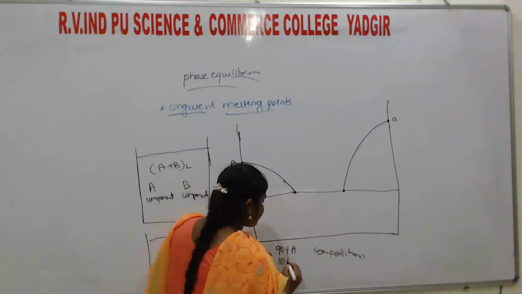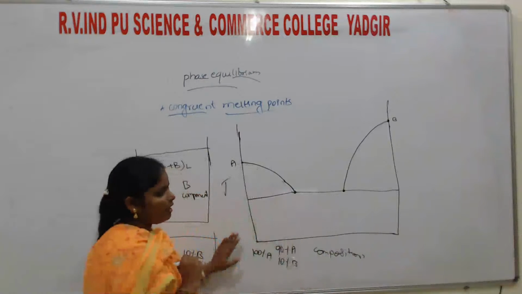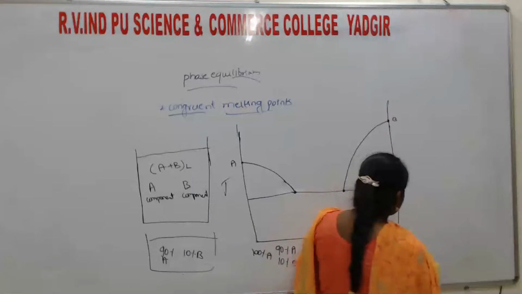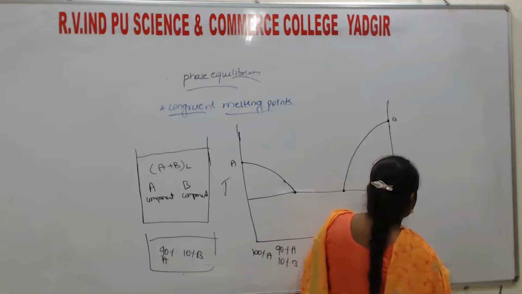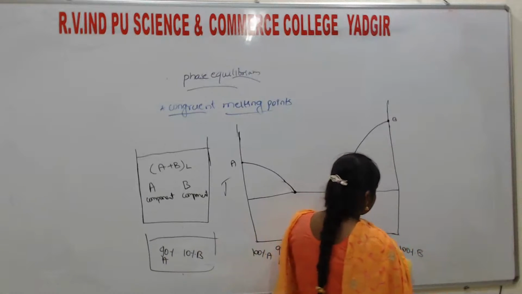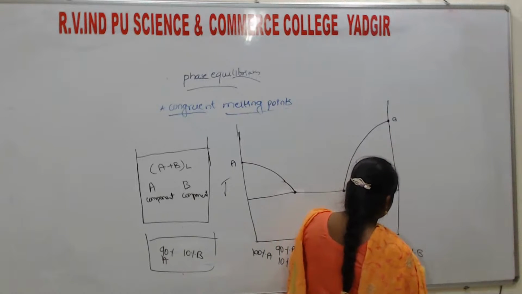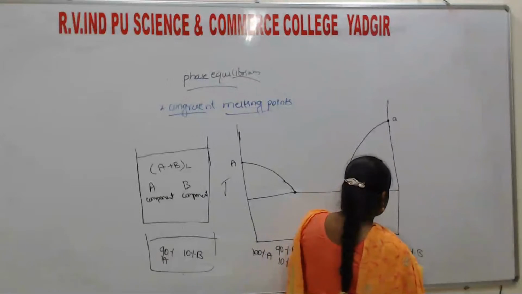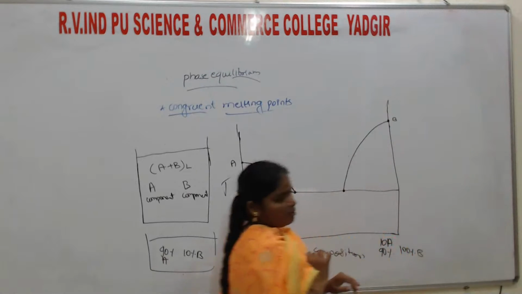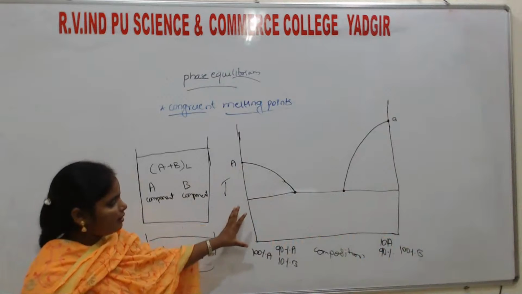Here this is 10% B, and here 100% B. So here I write 10% A and 90% B.